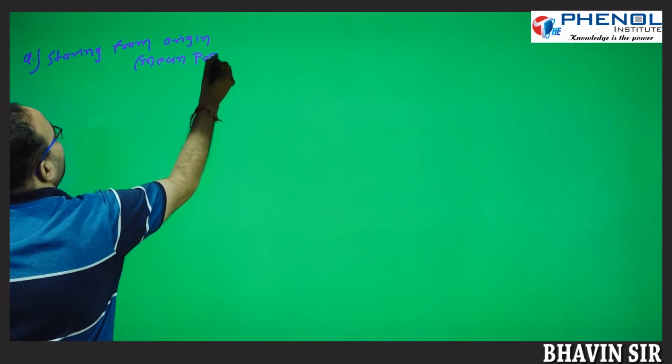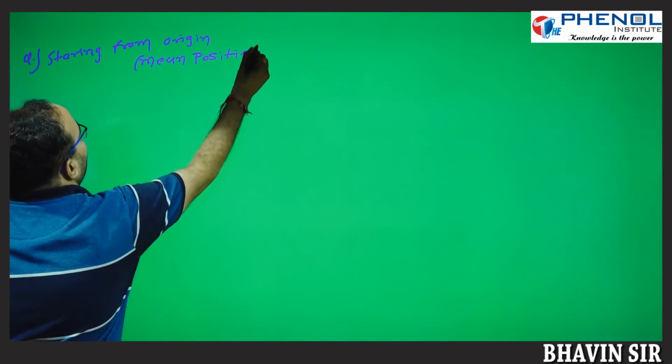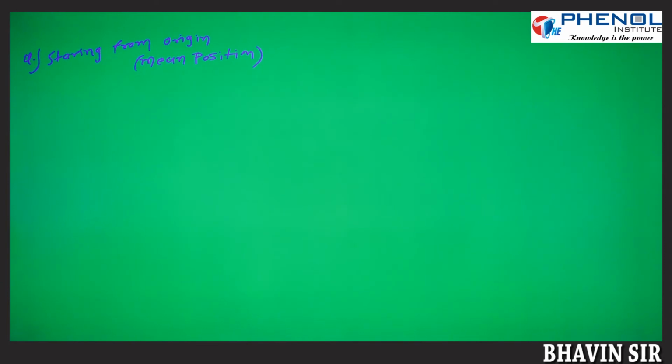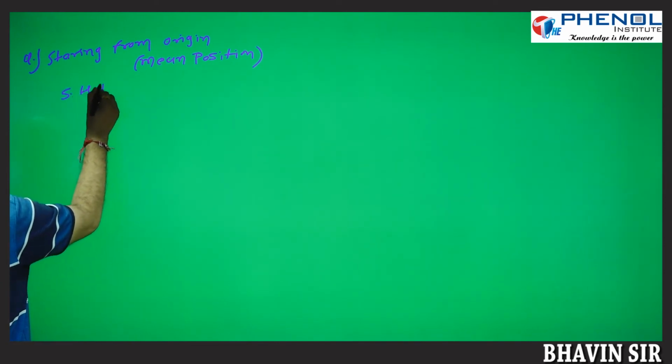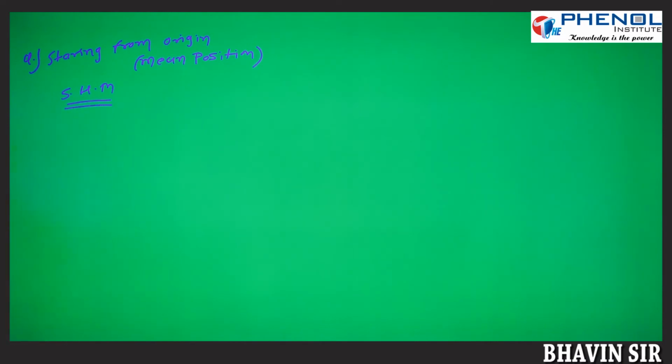Starting from origin means mean position. Which motion does the body perform? SHM. Okay, starting from origin, the body performs SHM.